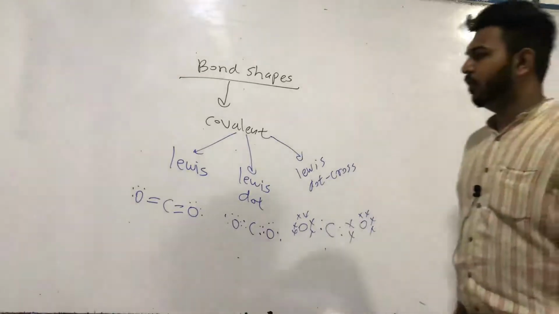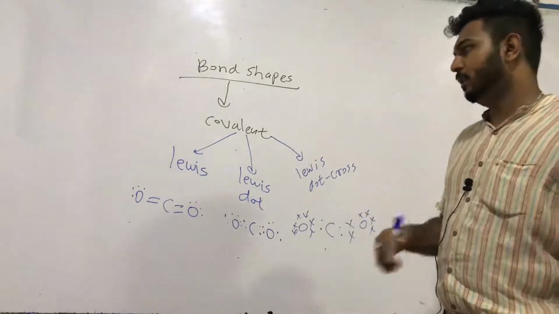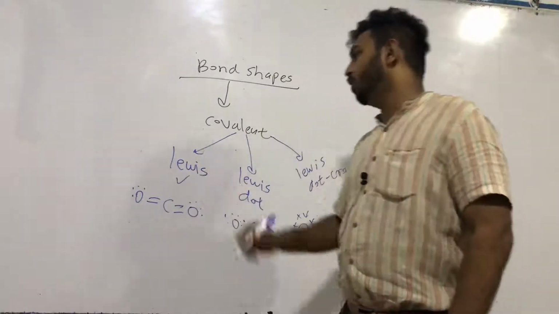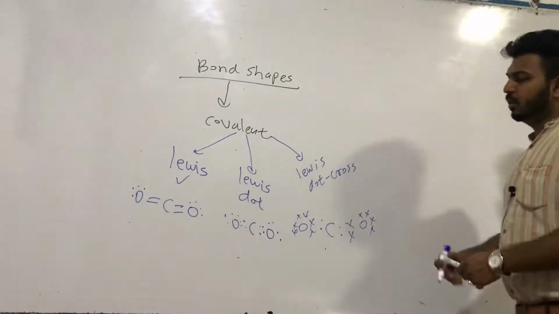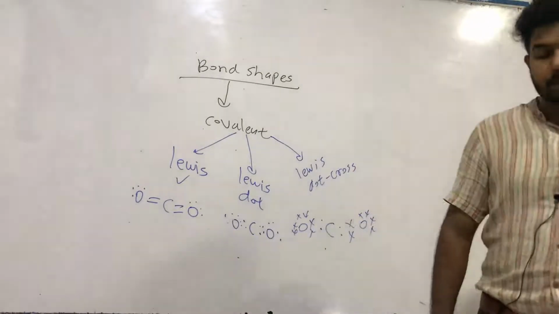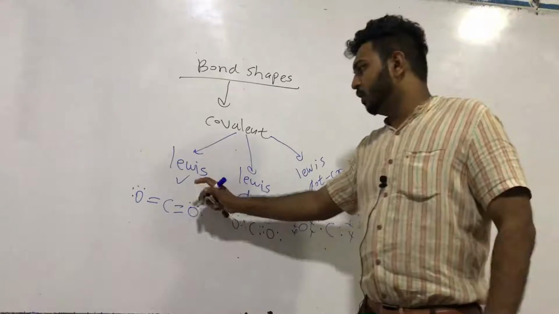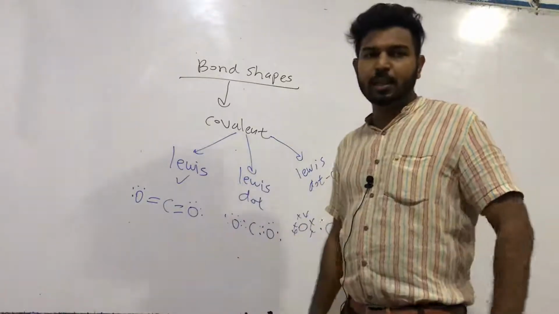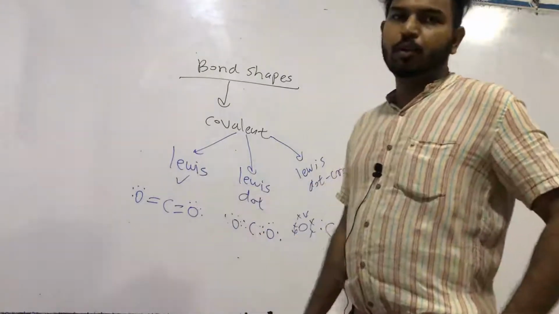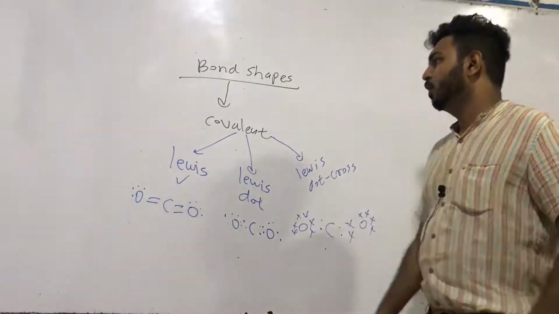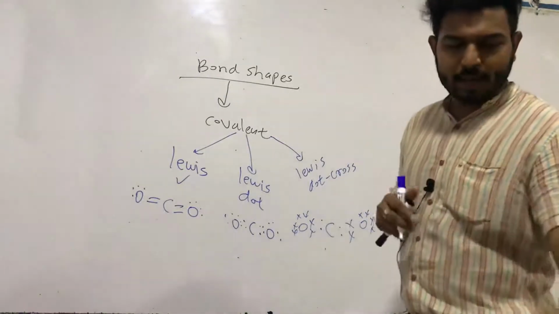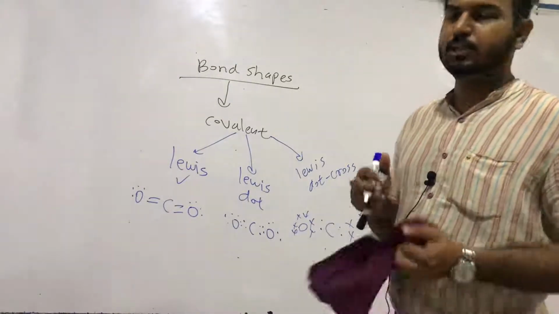For advanced levels, for the structured question, we need Lewis structures. Sometimes the others are also asked, but this question is asked in every question paper, every year. So let's try to understand what Lewis structures are.